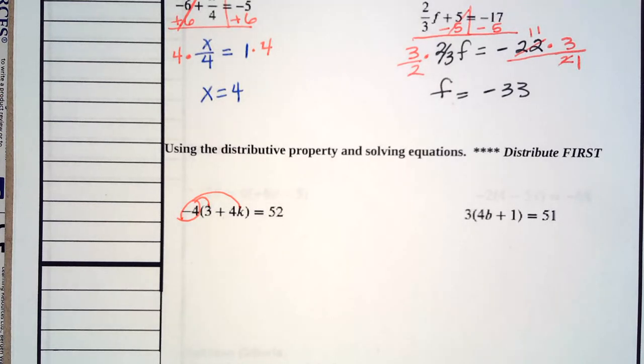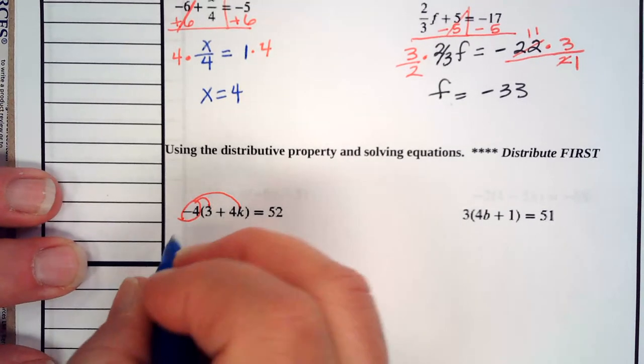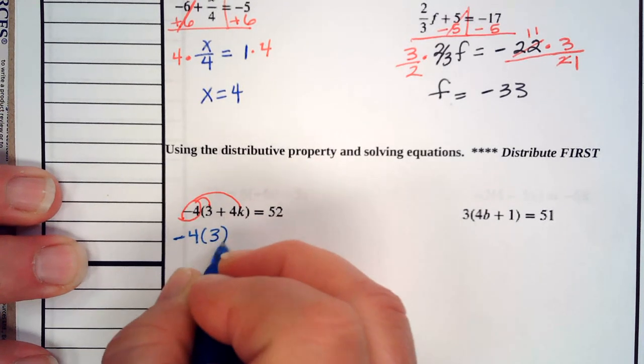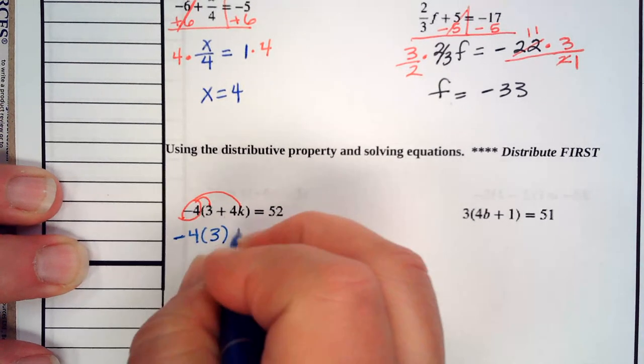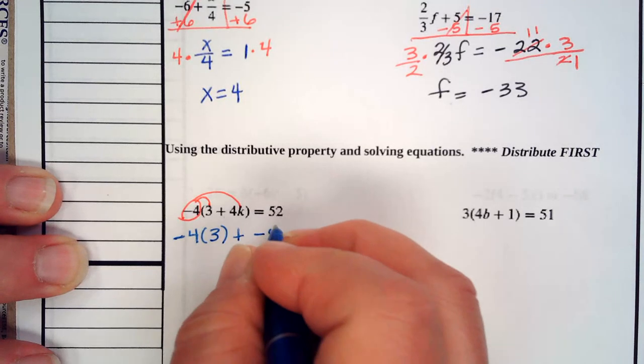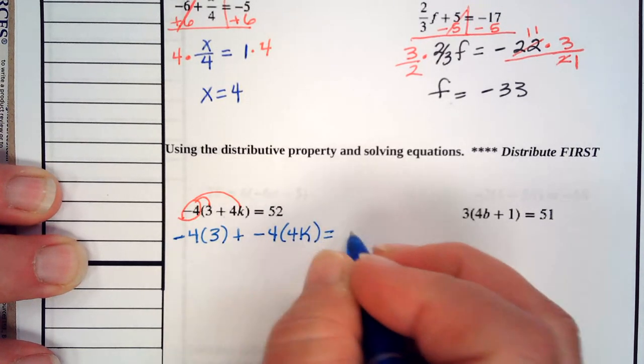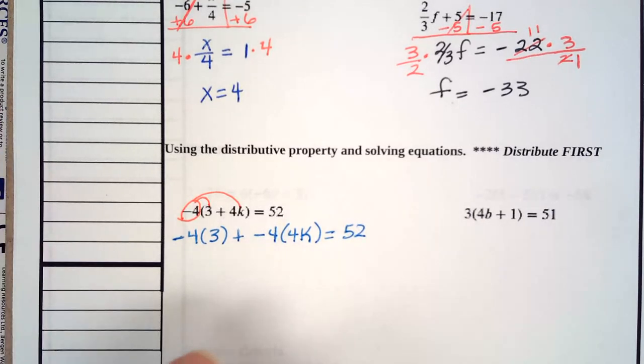For the first one, I'm going to write it all out so you see what happens. You start off with negative 4 times 3. That's the first term. Plus negative 4 times 4k equals 52.